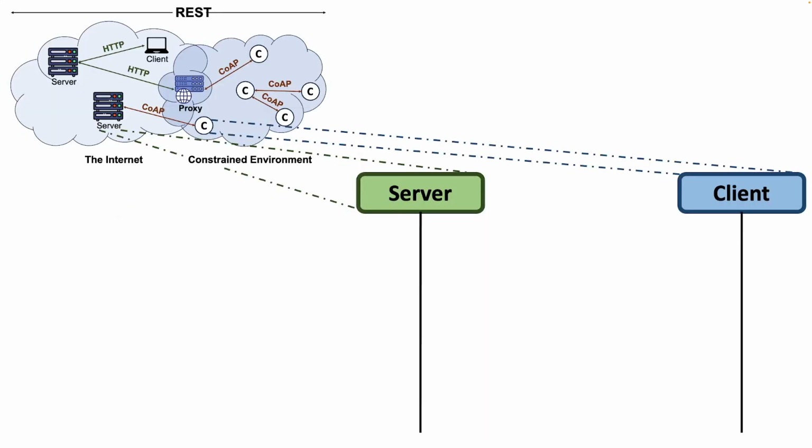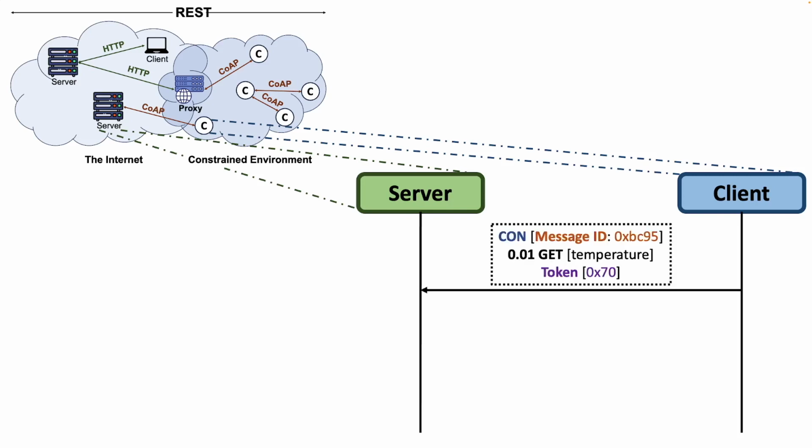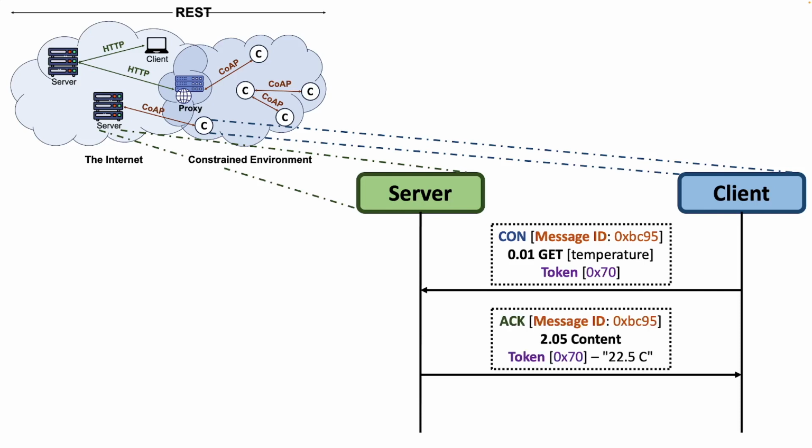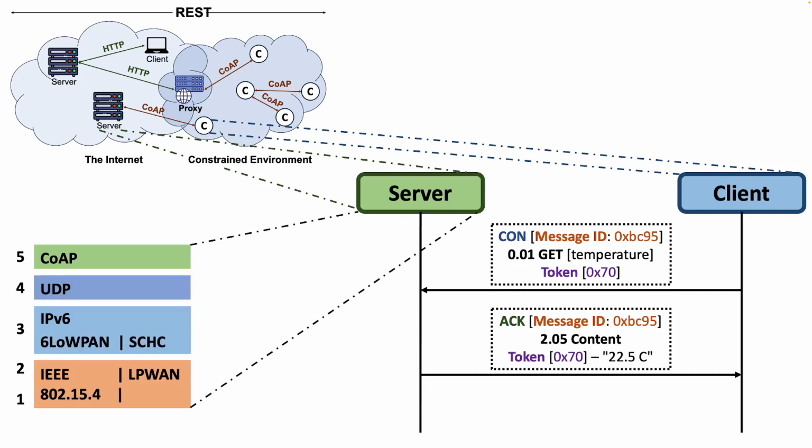The interaction model of CoAP is similar to the client-server model of HTTP. Indeed, a CoAP request is equivalent to that of HTTP, and it is sent by a client to request an action on a particular resource identified by a URI on a server. If the response is immediately available, then the server will return it by carrying it in the resulting acknowledgement message.